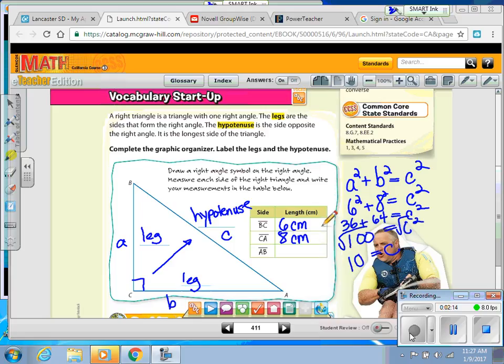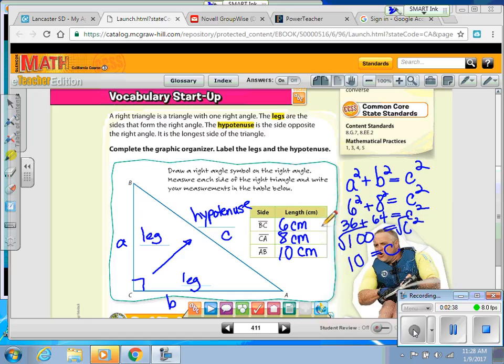But obviously, you're not going to have a negative length here. Okay? So, having figured out C, we know now that AB is 10 centimeters. The square root of 100 could be positive or negative 10, but we know that the length of the side can't be a negative distance, can't be a negative length.